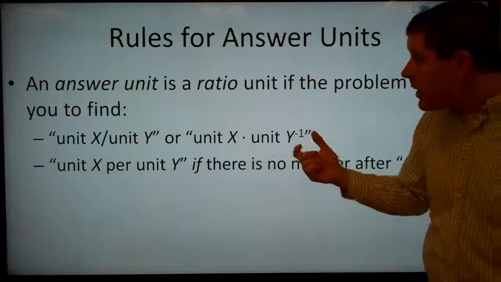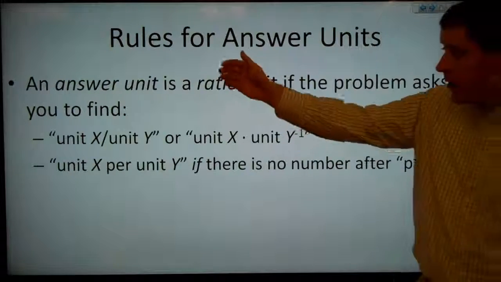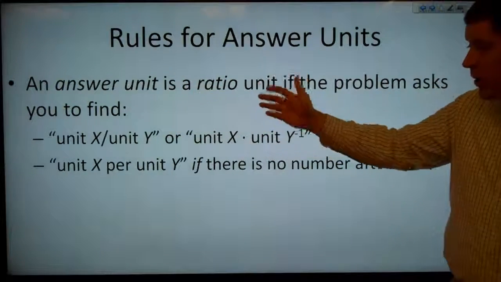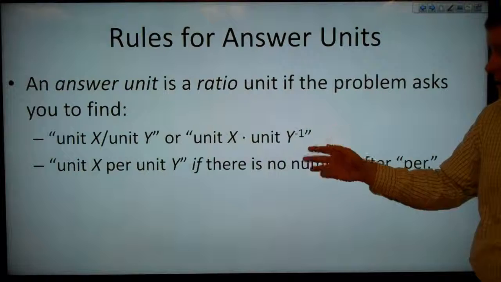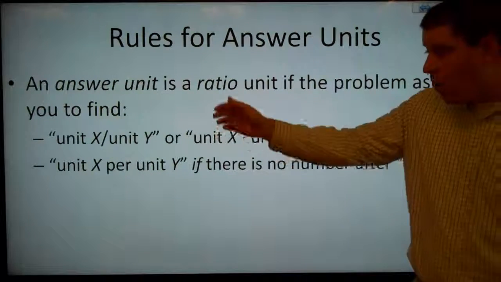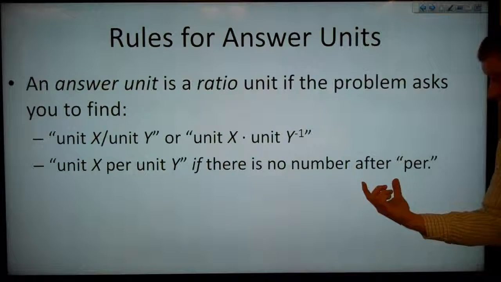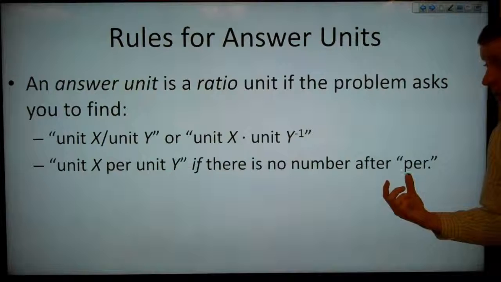And an answer unit is a ratio unit if the problem asks you to find something like unit X per unit Y, or unit X times unit Y to the minus 1. Or if it asks unit X per unit Y if there is no number after per.